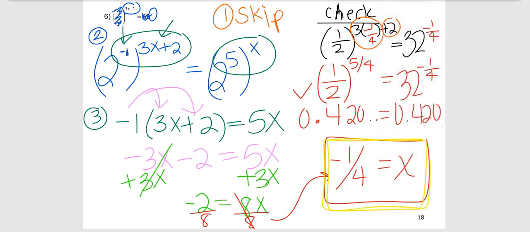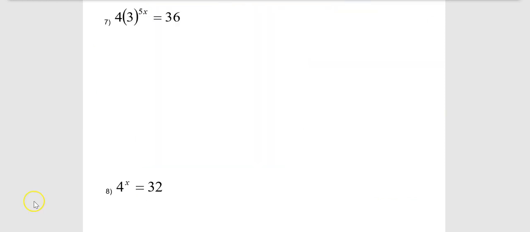And then when we plug that in for x here, we do 3 times -1/4, and then plus 2, which is 5/4. So when we put it in our calculator, 1/2 to the 5/4 power and 32 to the -1/4 power, the decimal values are the same. So we know our answer, -1/4, is correct.